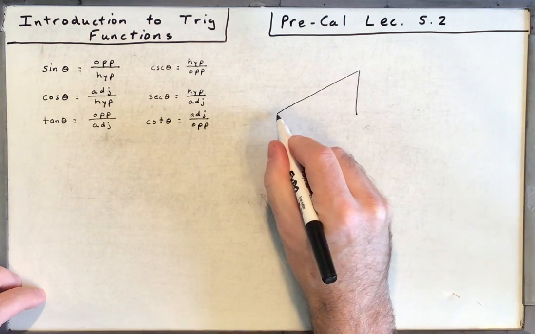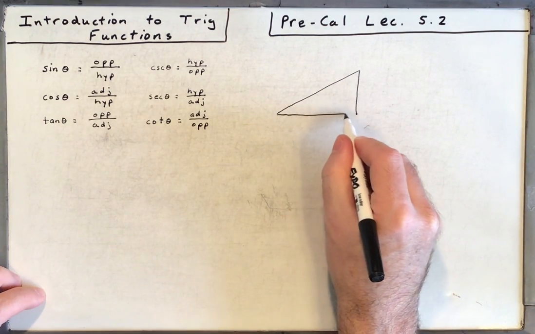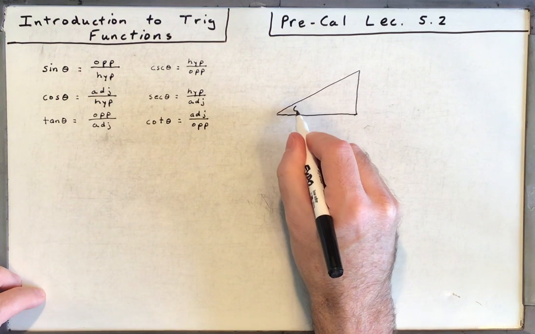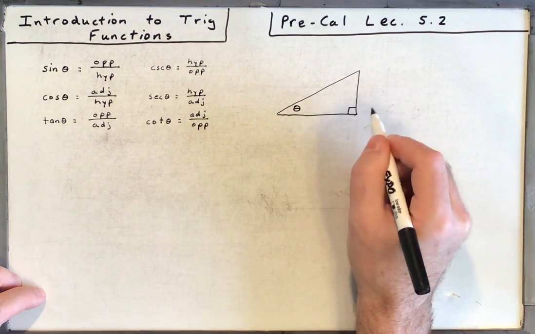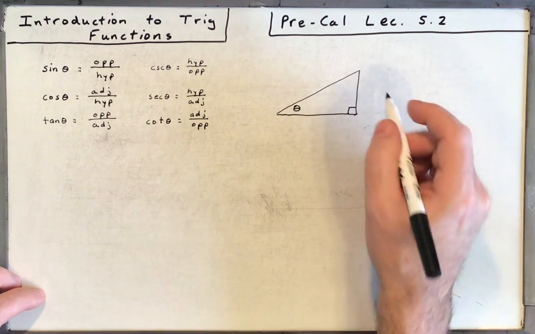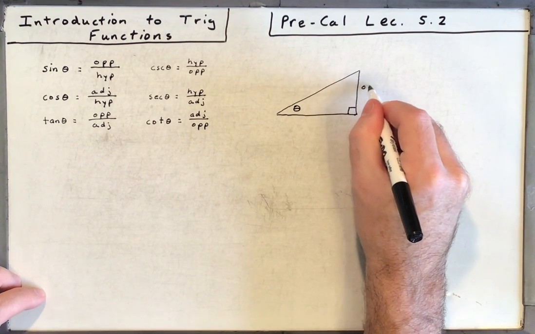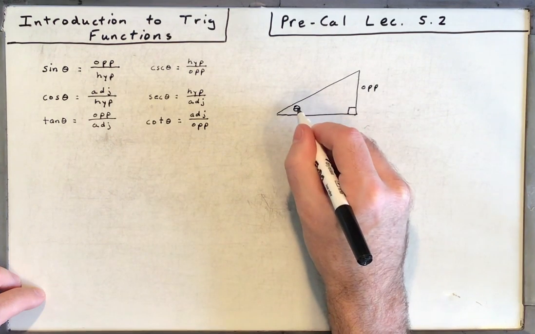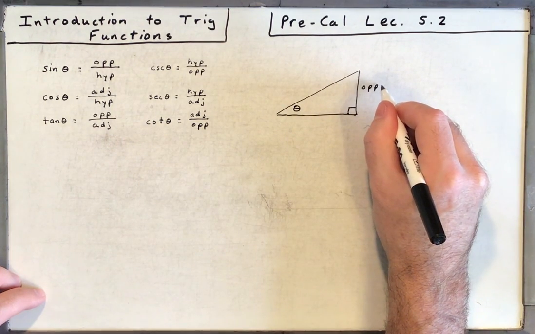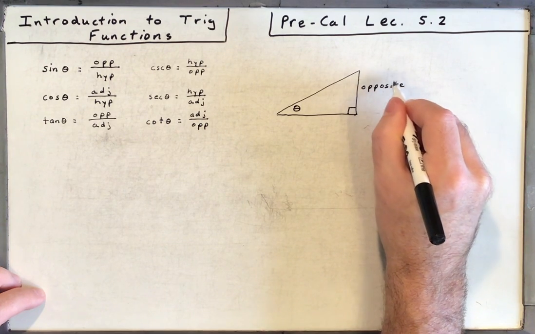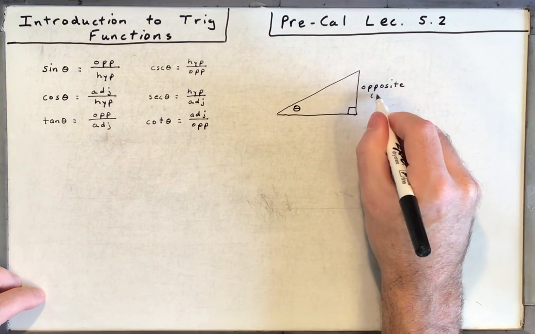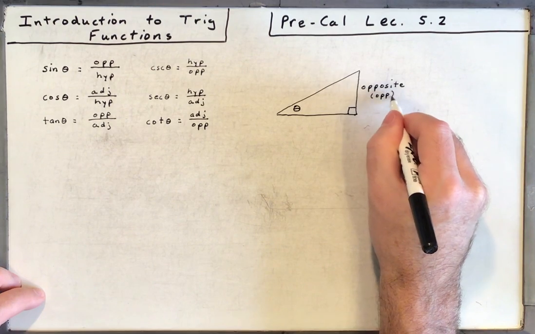of a right triangle. So go ahead and draw this in that space in your notes. This is angle theta. This is 90 degrees. This side across from angle theta we call the opposite, and I'm going to abbreviate it as OPP.